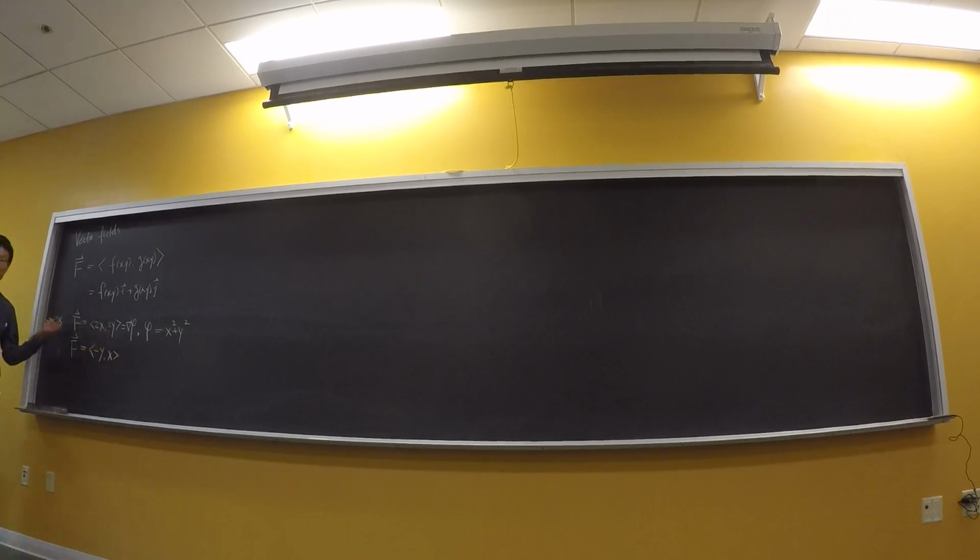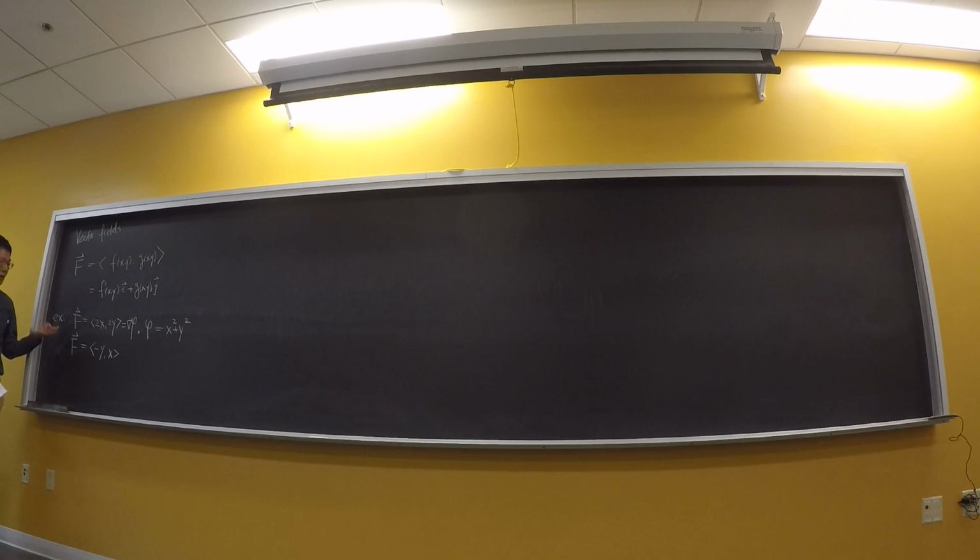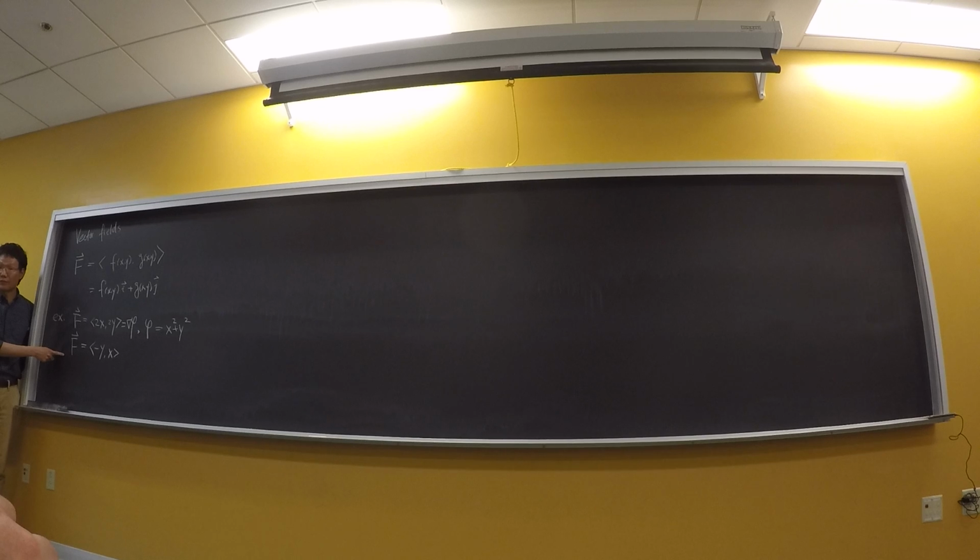So this vector is not only interesting in its geometry, in its picture, in its graph, but also it has a very special property: it can be written as the gradient vector of a scalar function, right? This is a very, very important fact. And this kind of vector will be called a conservative vector field, which we will spend a majority of time discussing today. Whereas the second vector cannot be written as a gradient vector.